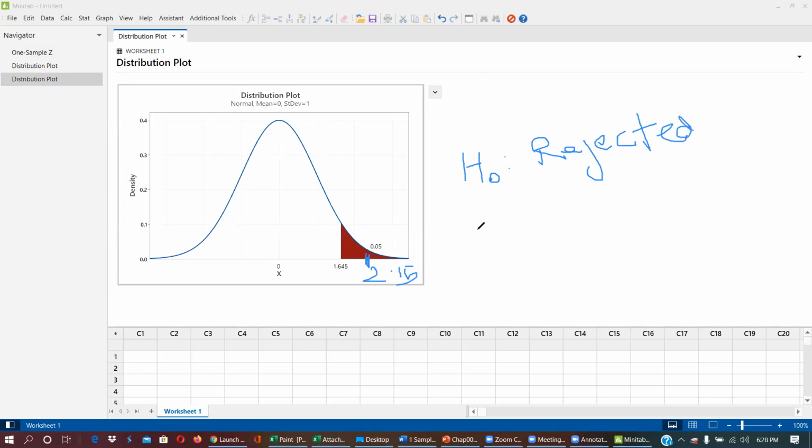And then what does the alternative hypothesis say? It is coming higher than 216. Width is coming more than 216 mm.